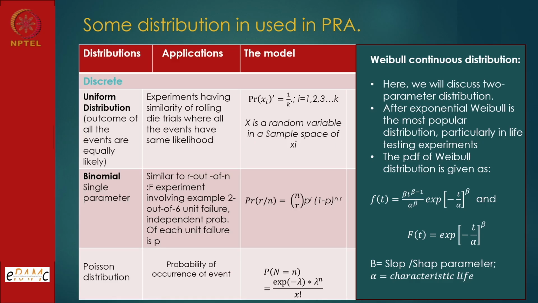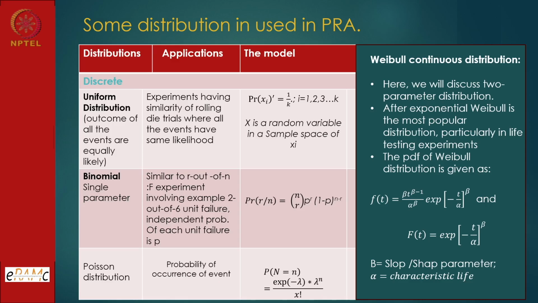Then the binomial distribution, R out of n. The probability of R out of n is equal to nCR, that is a permutation combination, times P raised to the power R, where P is the probability of failure of an individual component, times (1 minus P) raised to the power n minus R. So what is P?